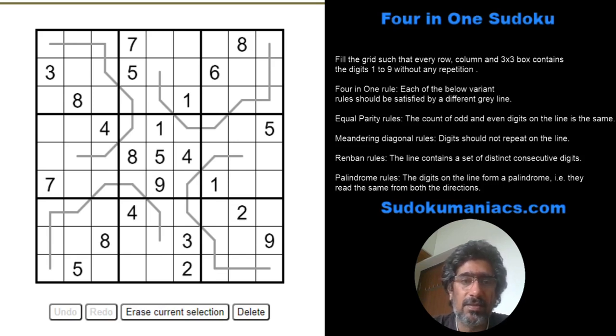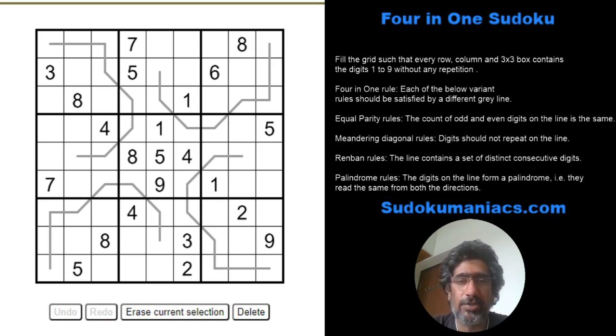The third line will be a Renban line, which means it will have a set of 8 consecutive digits. And the fourth one would be a palindrome. Obviously it means that the digits will read the same from both directions.